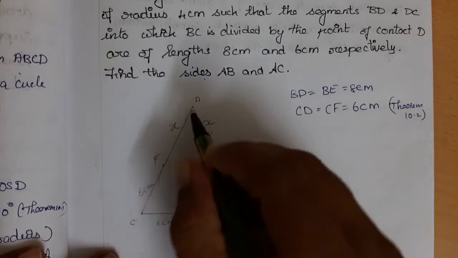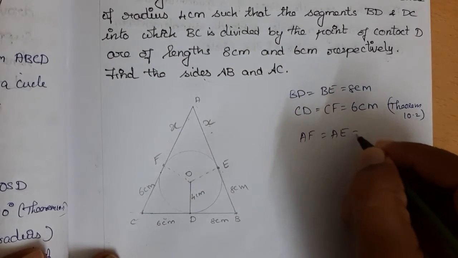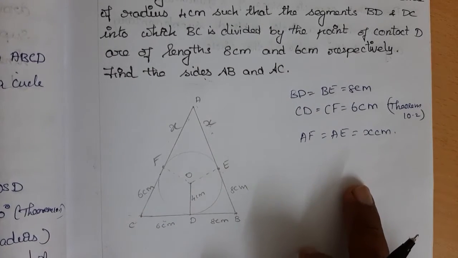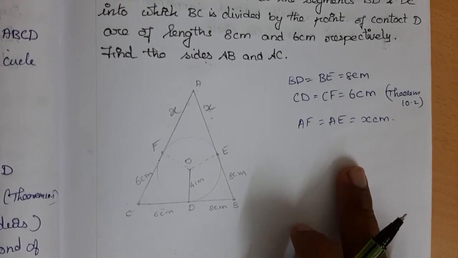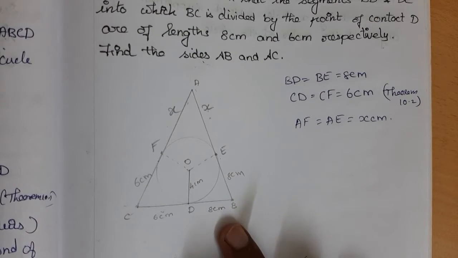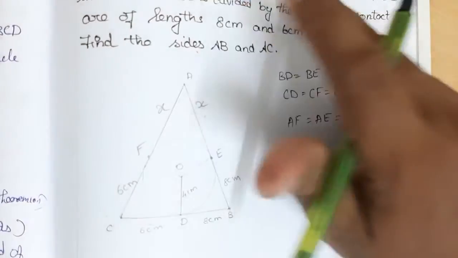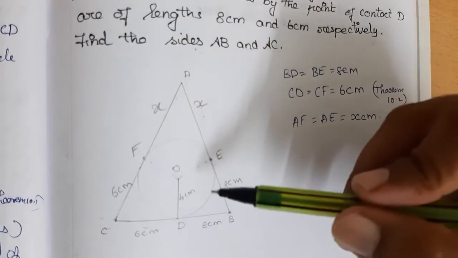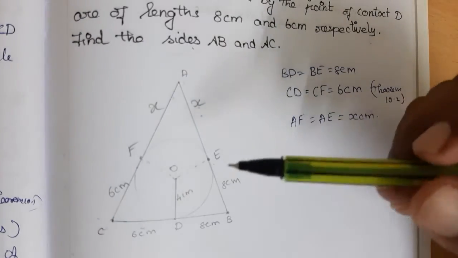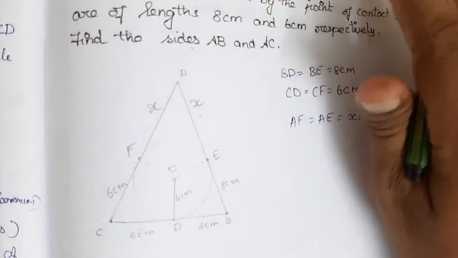And AF is equal to AE is equal to x centimeters. That is what we have considered. One thing we have learned for the triangle is the area of the triangle, and there we have learned two formulas. One is with the perpendicular height and the base, and another is Heron's formula. Whichever formula we use, we will get the same area, right?